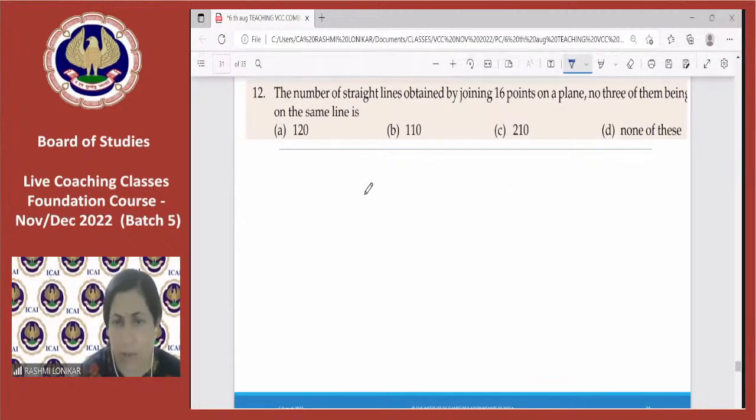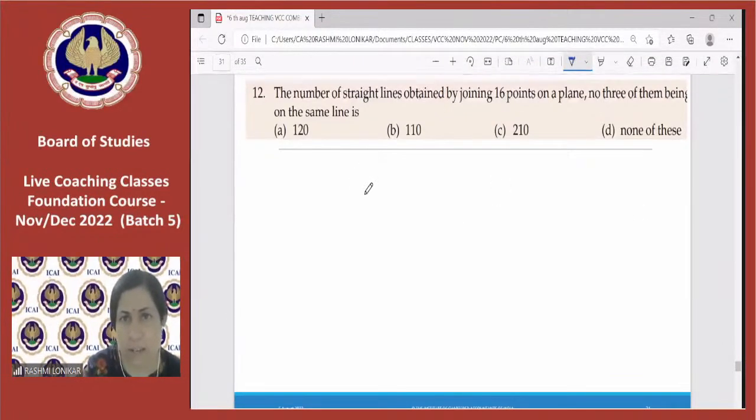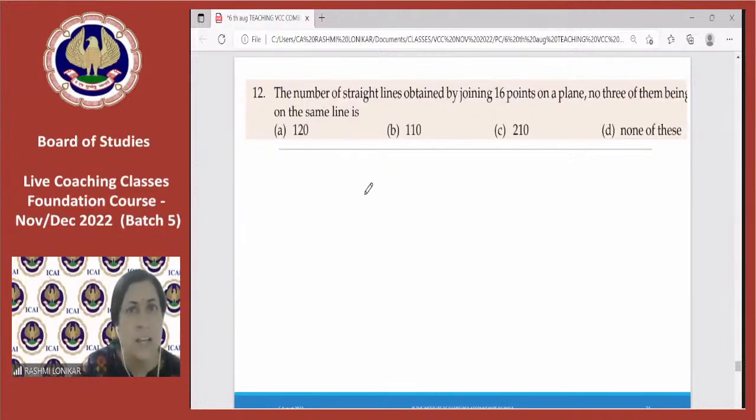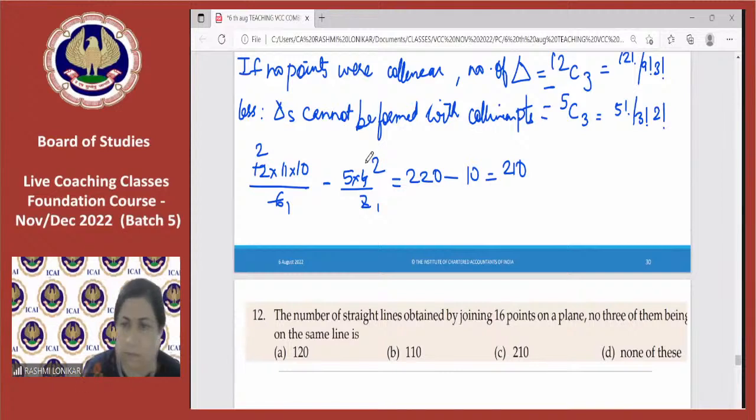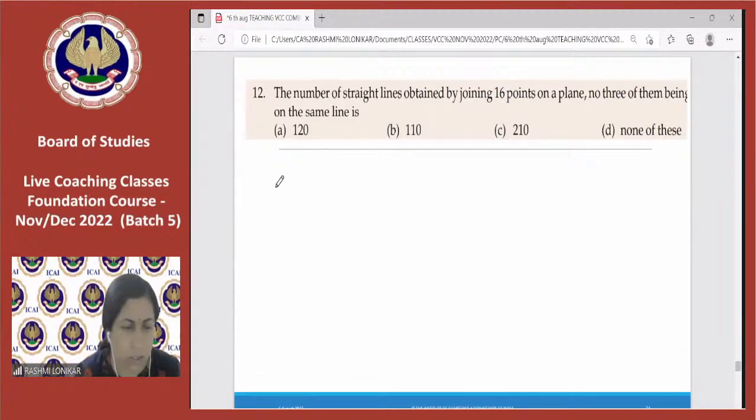See, now this 12th question is same like the earlier one, but now they are saying there are no collinear points. There they talked about triangles, here they are talking about straight lines. Number of straight lines obtained by joining 16 points on a plane, no 3 of them being on the same line is, okay, so this is 16C2. Why 2?